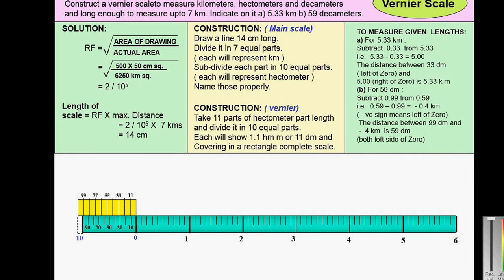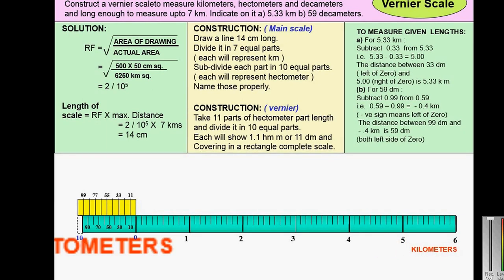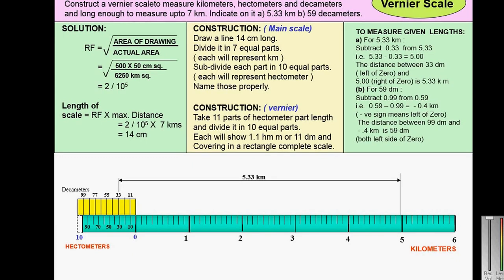First of all, mark the distance 5.33 kilometers. In the main scale you can mark 5, and 0.33 kilometer from the vernier.